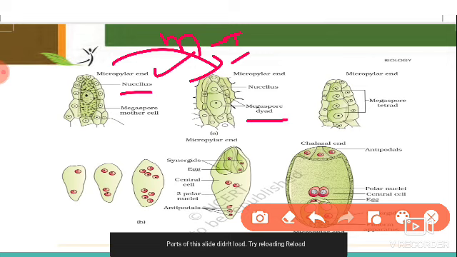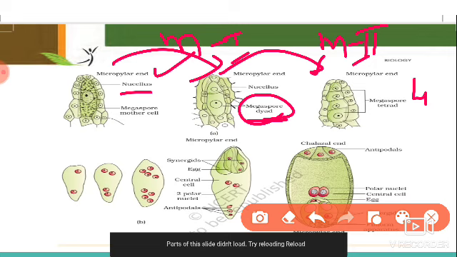That condition we call a megaspore dyad, not tetrad, dyad. Again these will undergo meiosis 2, and there is a formation of four megaspores, and that condition we call a megaspore tetrad.